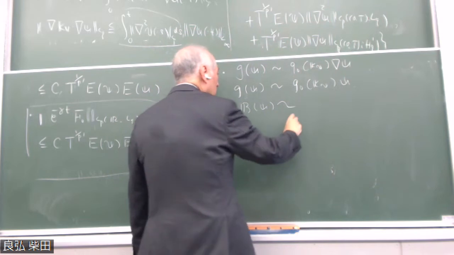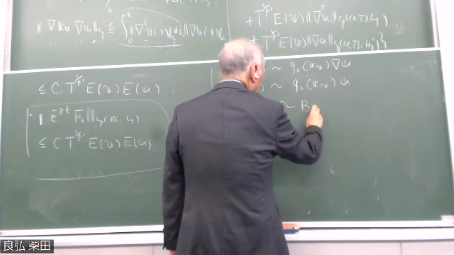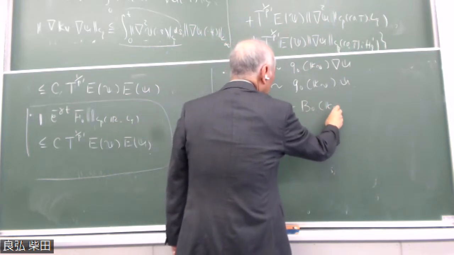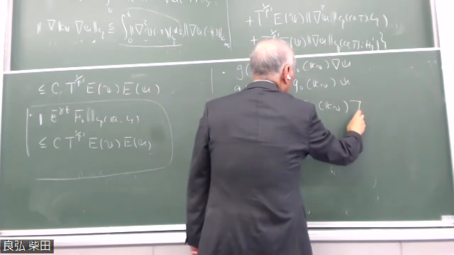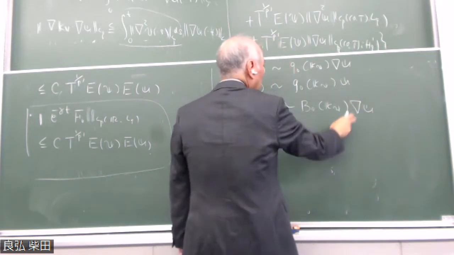So we have B0, KB, Nabla U. So it's in some sense the same.